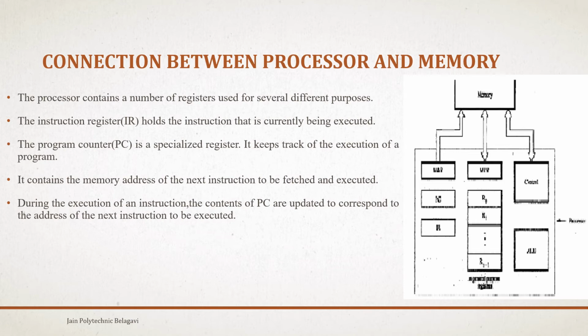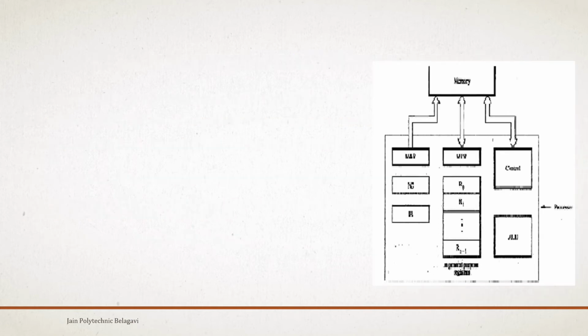By using the program counter, we come to know at which point the program is executing. As you can see here, there are n general purpose registers starting from R0 to Rn minus 1.